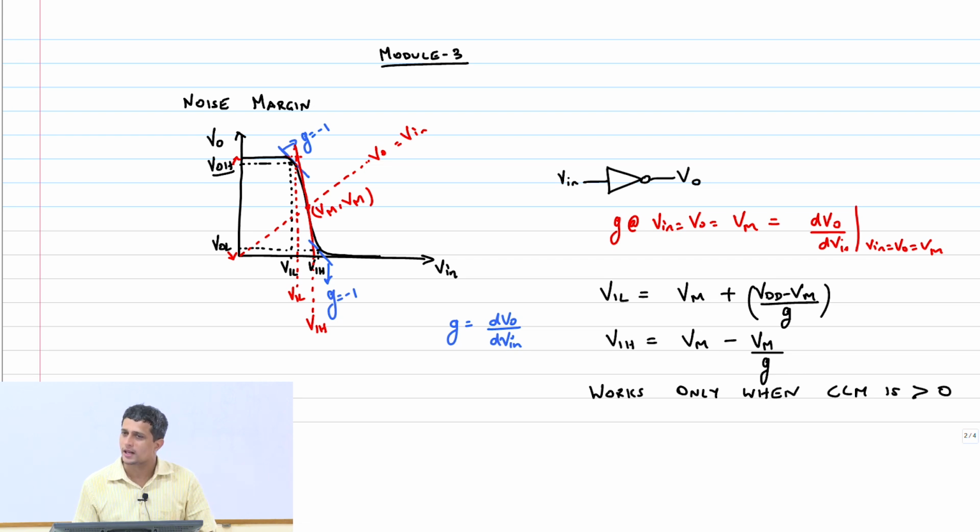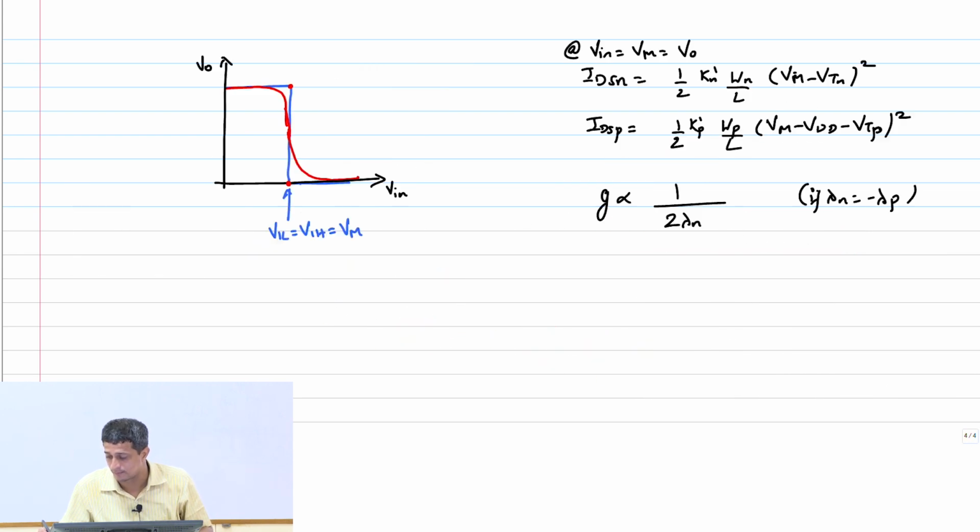When CLM is there, it's a reasonable approximation because you get a slope at that point, you extrapolate and it works reasonably well. But you cannot do this for a long channel device. Okay. So now question is, how do I evaluate these noise margins for a long channel inverter? Luckily, it turns out the expressions for current are themselves not so complex as it is for a short channel device, and therefore we can do it from first principles. Okay.